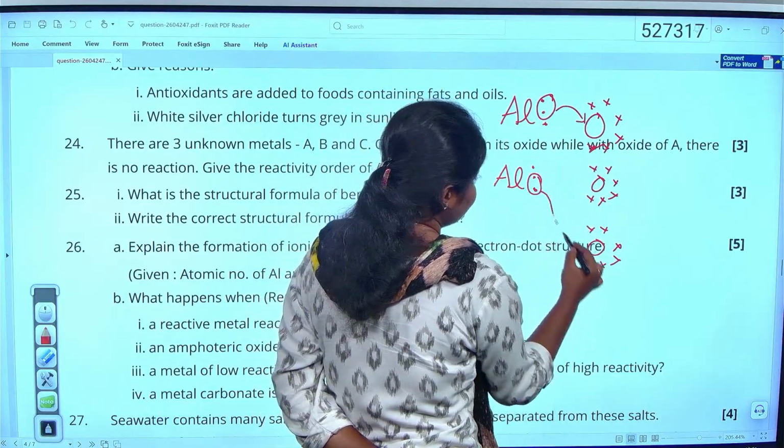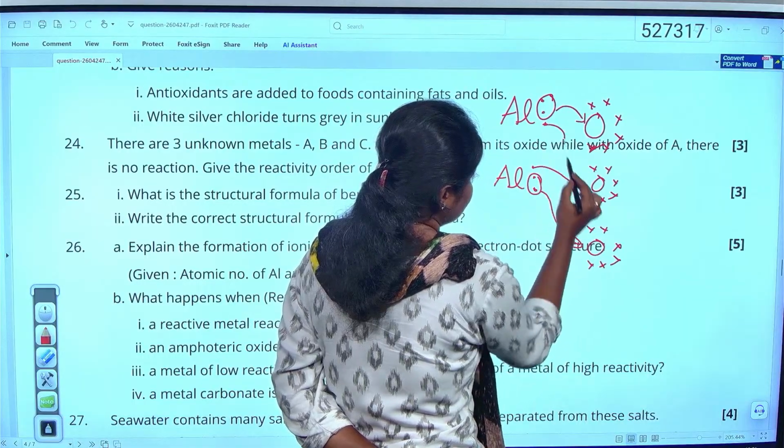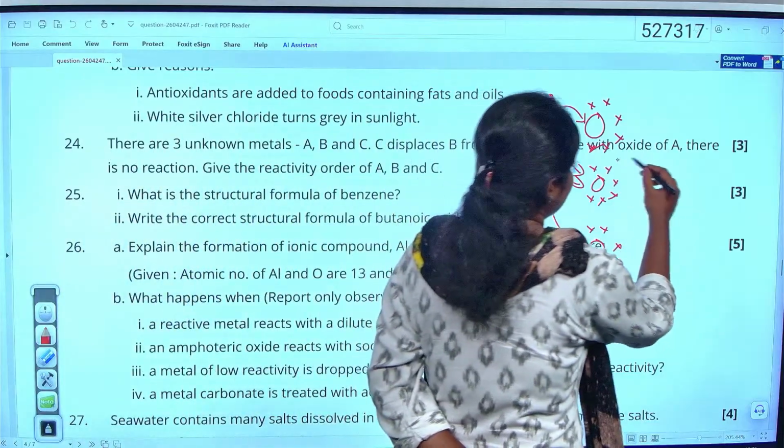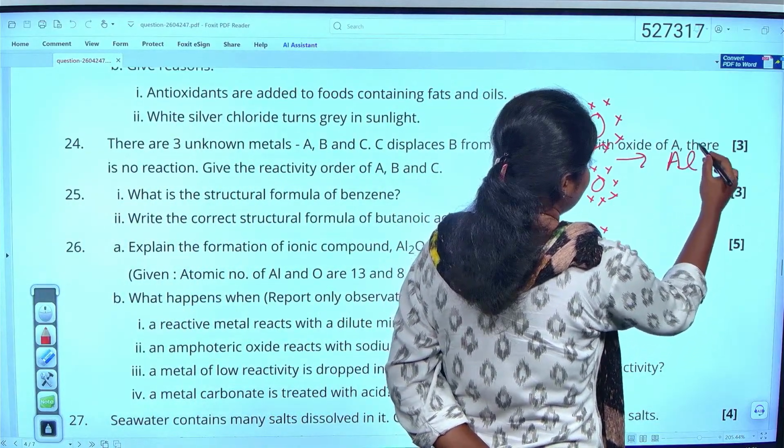The other 2 electrons go to the other oxygen. The balance 2 electrons will be transferred to one more oxygen. So Al will form Al.